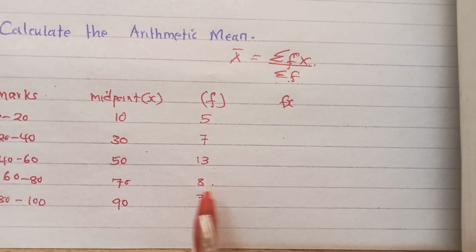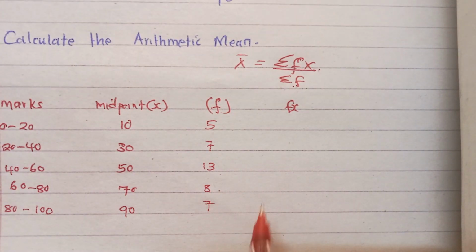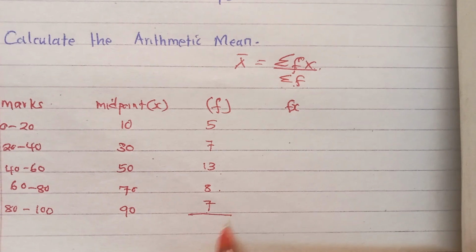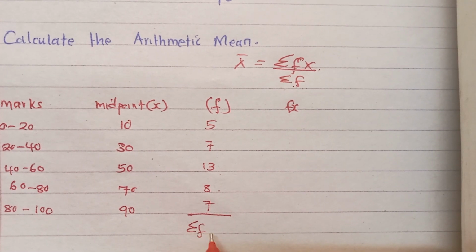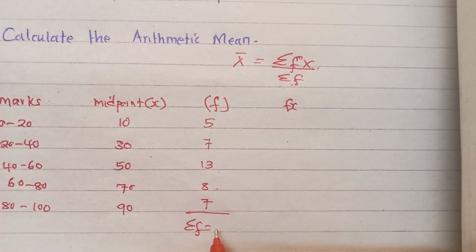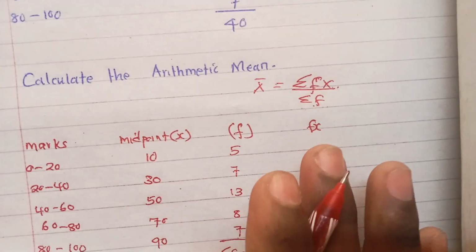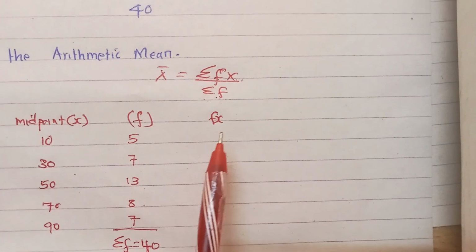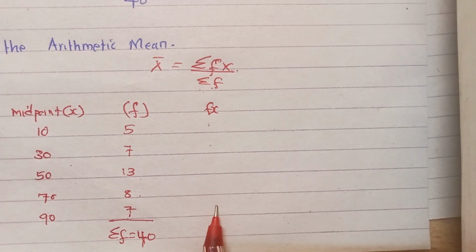Meaning the number of students in that class is 5 plus 7 plus 13 all the way to 7. This gives you the summation of f, which is 40 students.